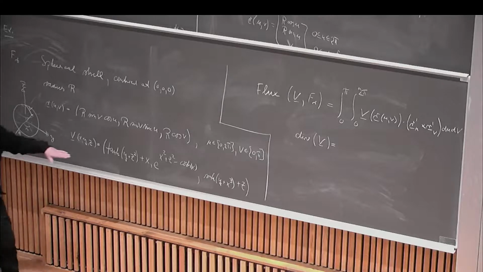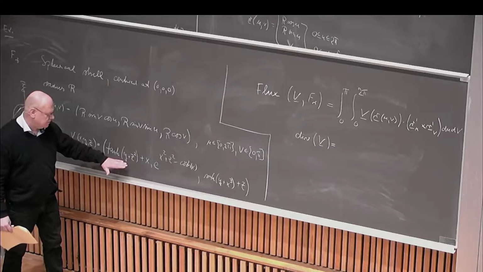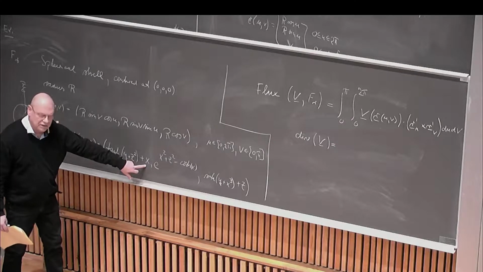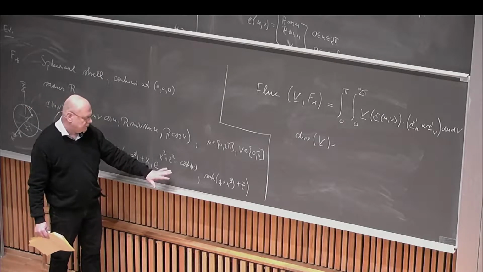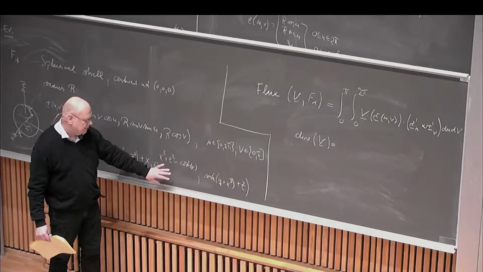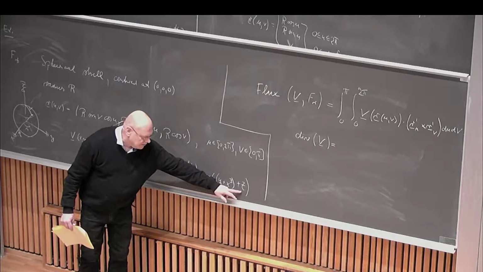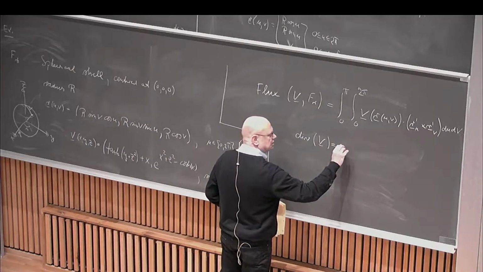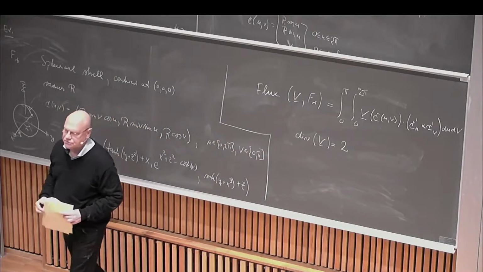So I should take the first coordinate and differentiate it with respect to x. x is only entering here, so you get a 1. Then you take the second coordinate and differentiate it with respect to y, but y doesn't enter, so you get a 0. And then for the third coordinate, you only have z here, so you get a 1. So the divergence is 1 plus 0 plus 1, that is 2. So you have this constant divergence.